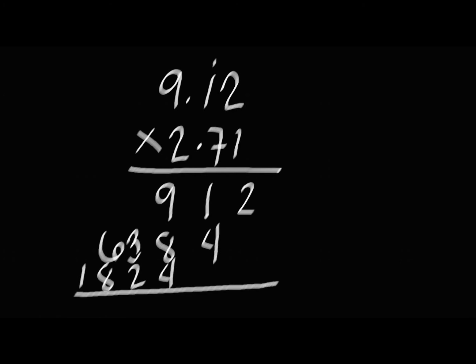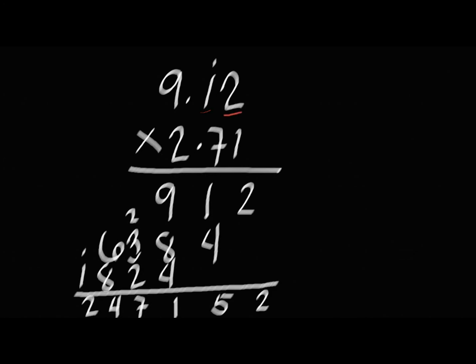Then, add up all the initial products. You have 2, 5, 21, you have 7, 14, and 2.